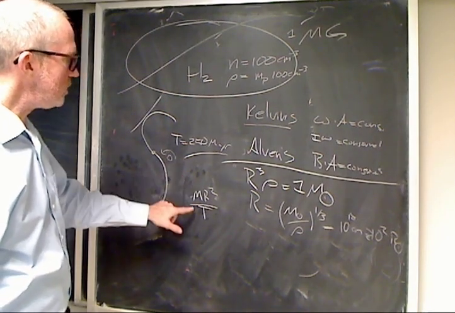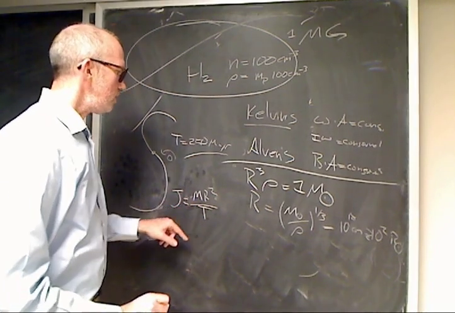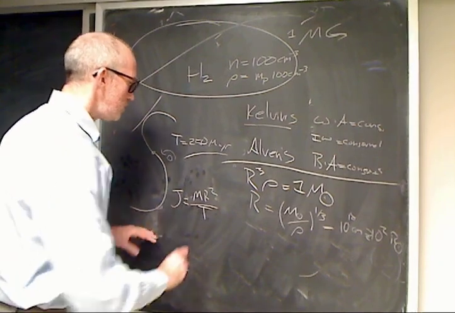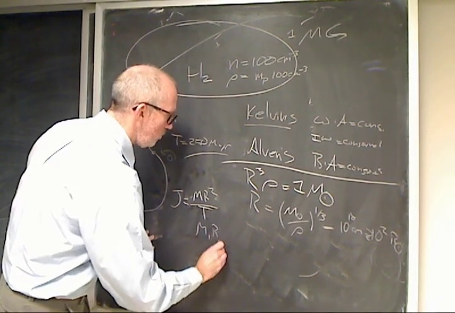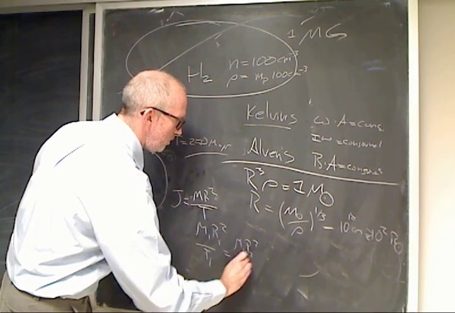So the angular momentum, let's call it J, is m r squared over the period, and that's conserved, so m1 r1 squared over T1 equals m2 r2 squared over T2.